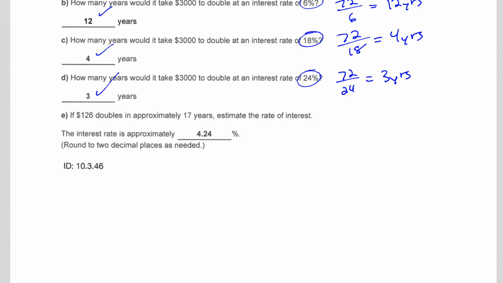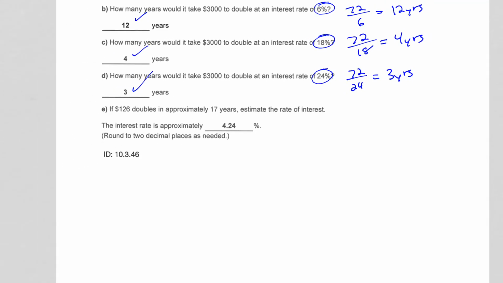Now, this last one's not on the test, but I'm going to help you out with this one for this quiz, okay? So basically, what is the interest rate? You've got to solve here. What is the interest rate if $126 doubles in approximately 17 years, okay?